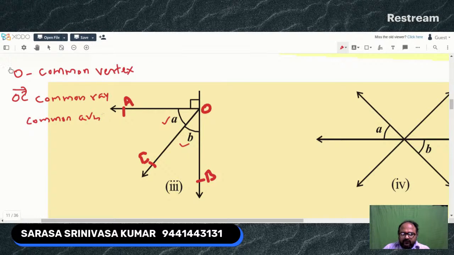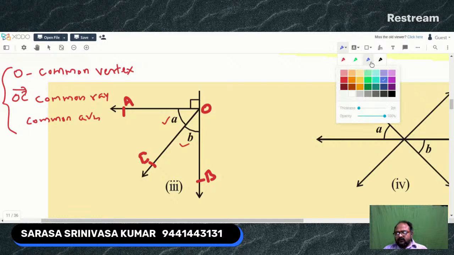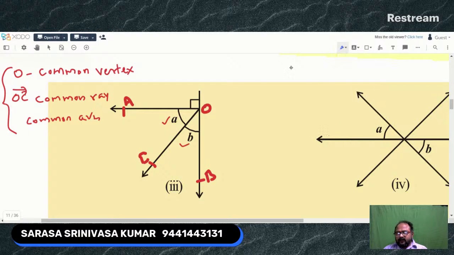Since these two conditions are satisfied, that is common vertex and a common arm, we can conclude that the two angles, angle A and angle B, are adjacent angles.